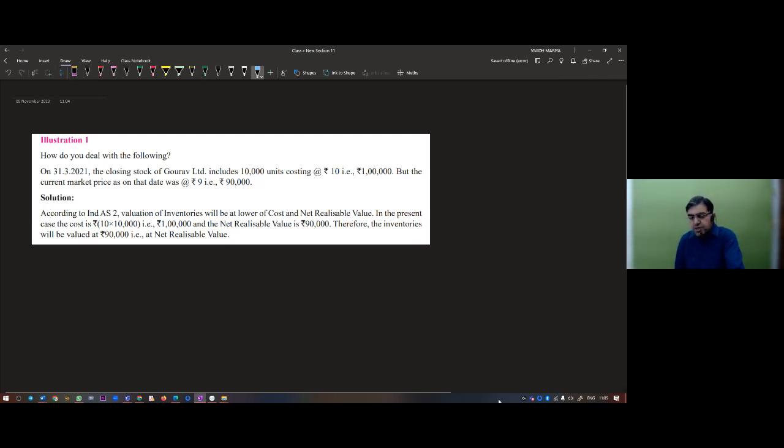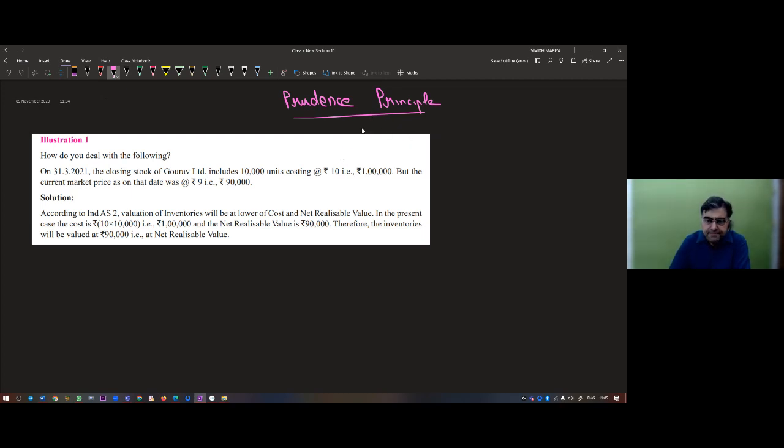You must be knowing the golden rule. The closing stock is carried at cost or NRV, whichever is lower. That is called the prudence principle, the principle of conservatism.